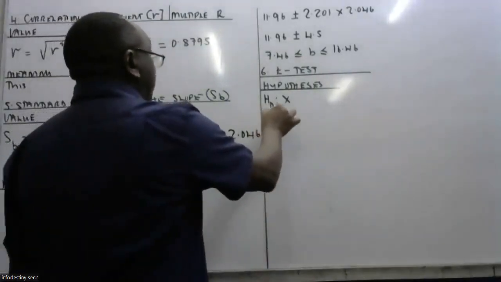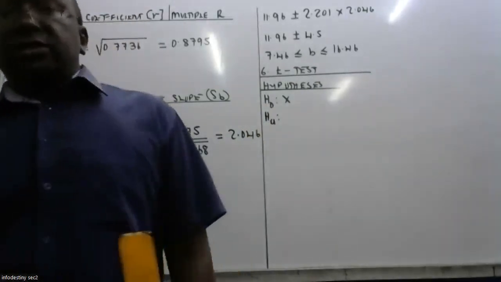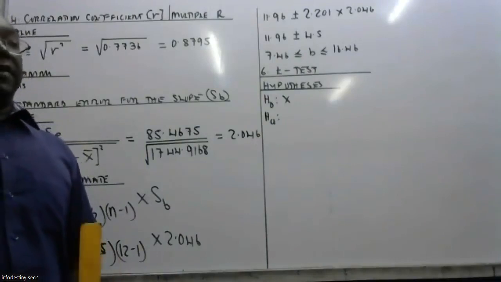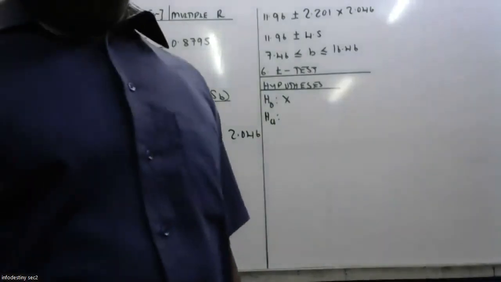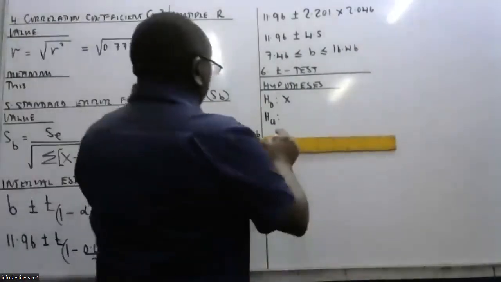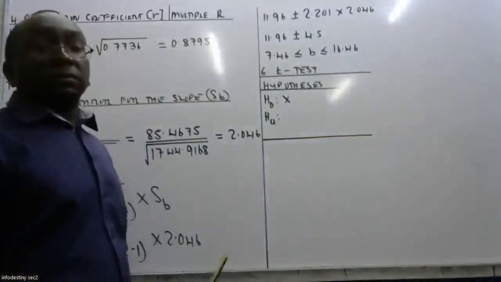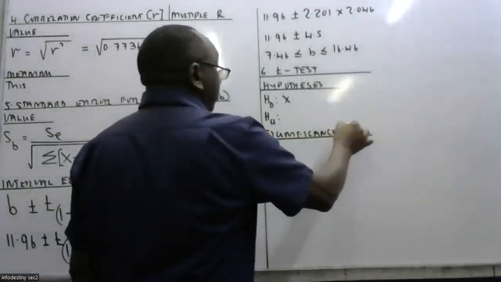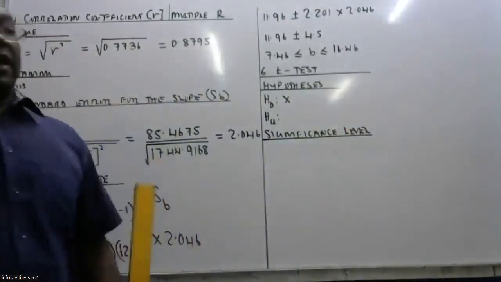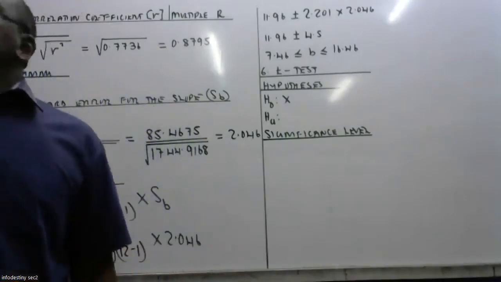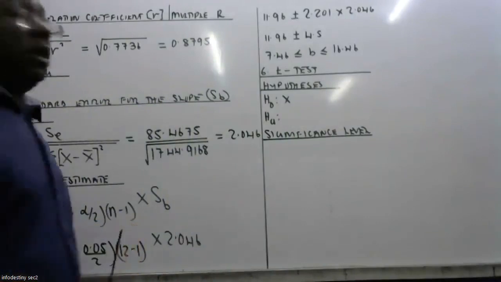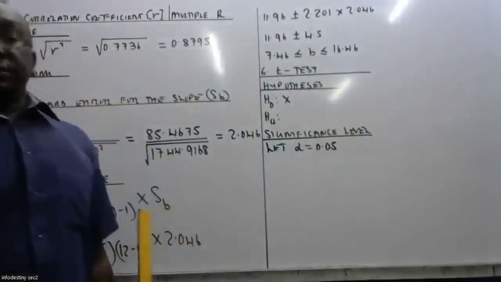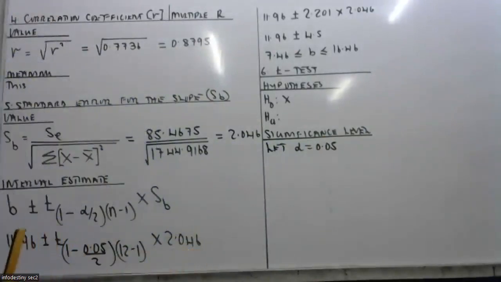In the alternative, HA, say X is a significant determinant of Y. Significance level: we can set alpha to be 0.05.